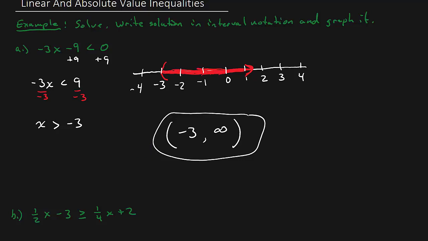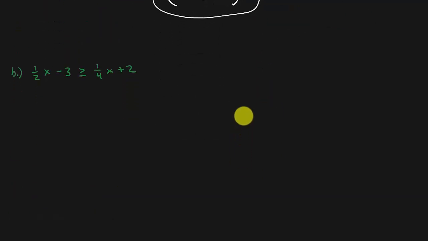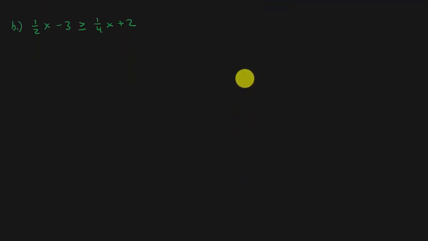All right, so let's take a look at the next one. We've got another inequality to solve. We want to get x on one side by itself, everything else on the other side. So we have fractions. Well, this is no different than when you were solving equations.